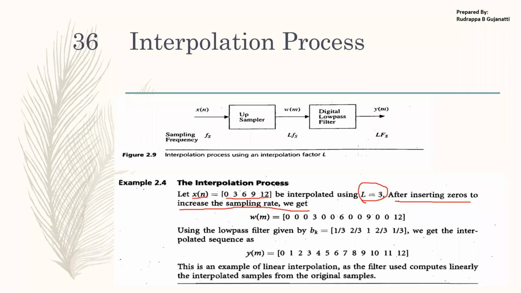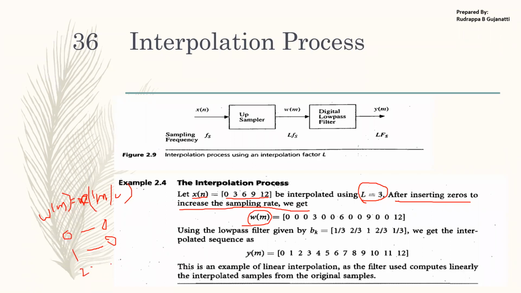Since the factor is 3, you try to estimate w of m, which is equal to x of m by L. You try to obtain it from this equation. The zeroth sample will be equal to x of 0. For w of 1, it is still equal to x of 0.